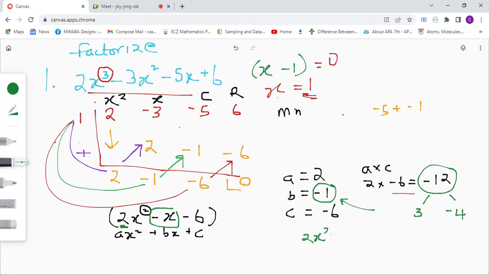This is the part you also have to be careful with: you have to see which one to bring closer to 2x squared. 2 and 4 look like they can factorize with each other. So 2x squared minus 4x plus 3x minus 6.